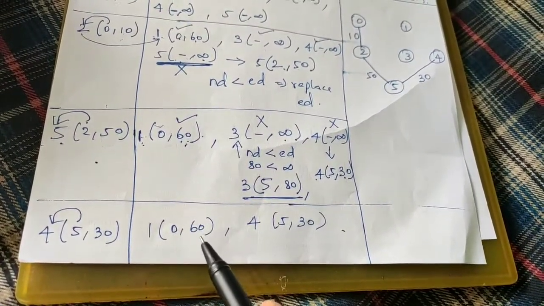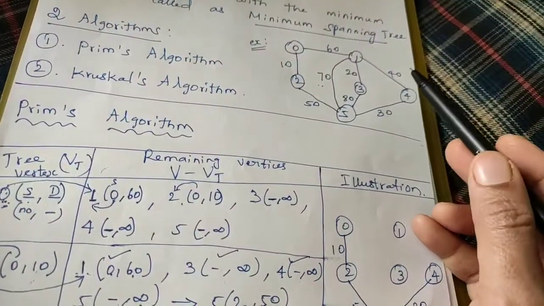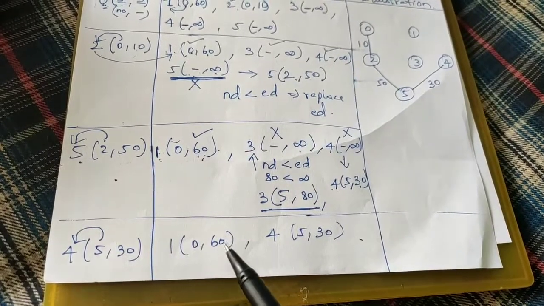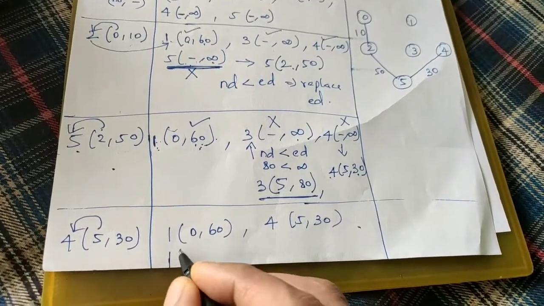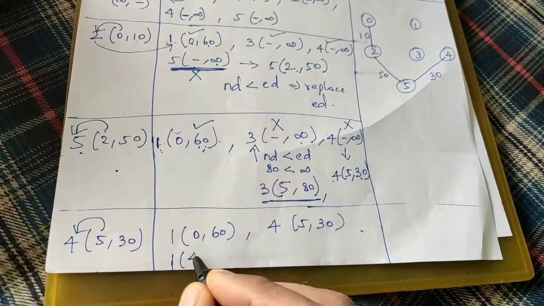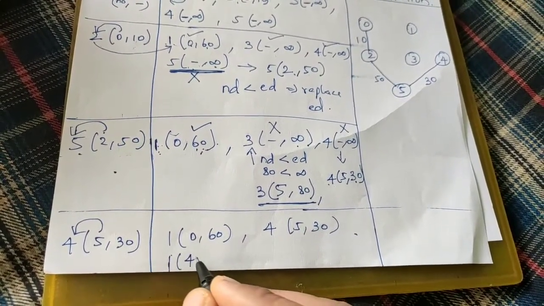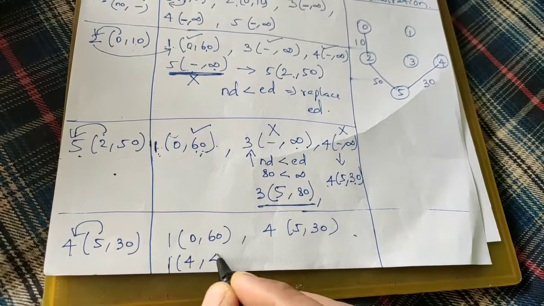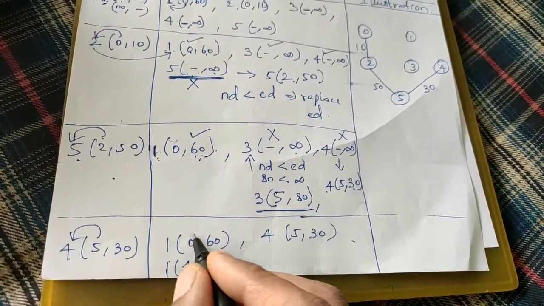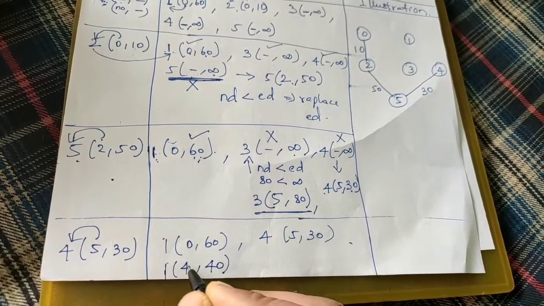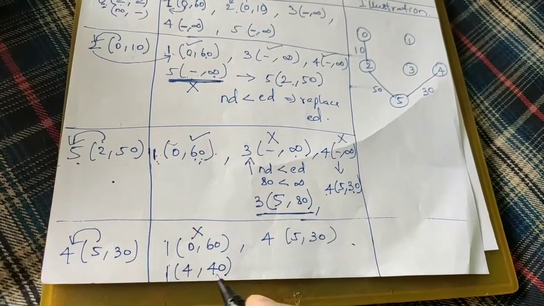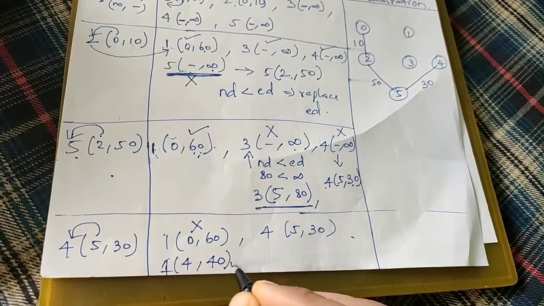It is 60. So new distance 40 is less than the existing distance 60. So I have to replace the source as 4. From 4 to 1 if I visit, I will get the distance as 40. Instead of visiting from 0 to 1, it is better to visit from 4 to 1. This cannot be considered anymore. You need to consider this.